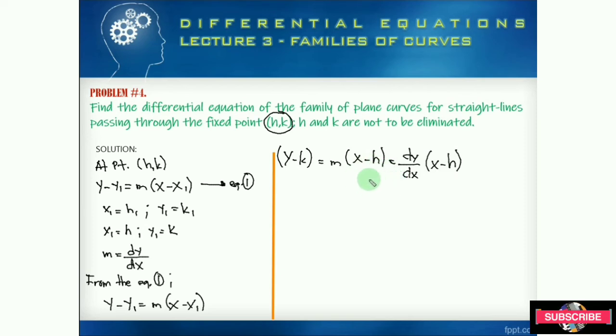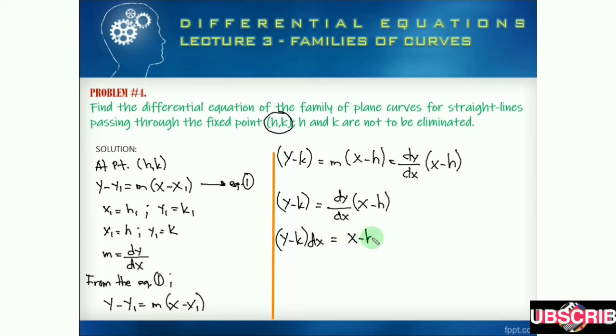By cross multiplying, we have y minus k times dx equal to x minus h times dy.